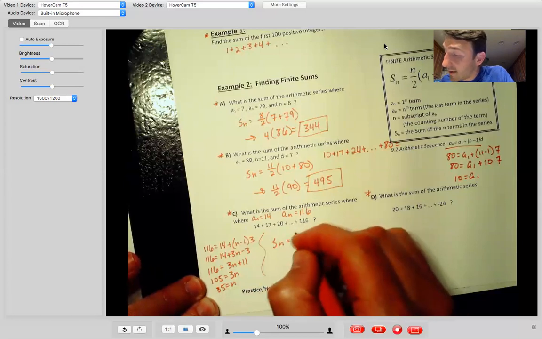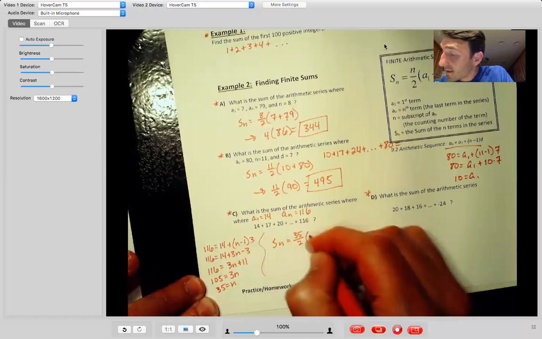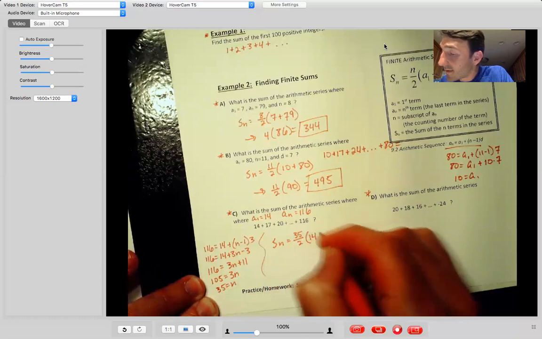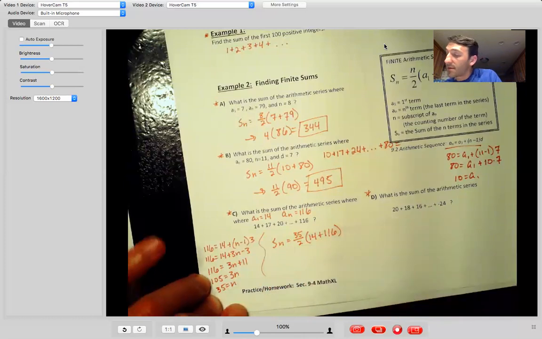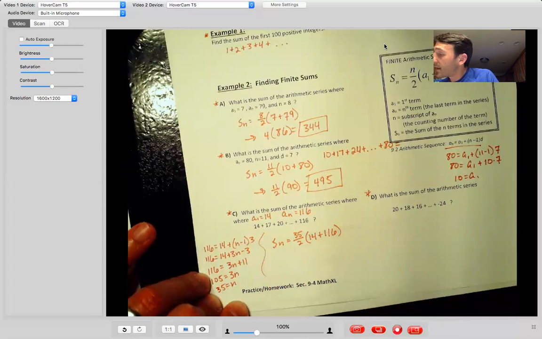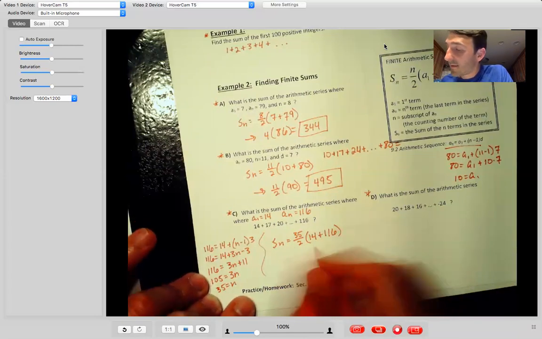So n, which is 35 over 2, times the quantity 14 plus 116. So 35 over 2 times 130 is going to be 2275.